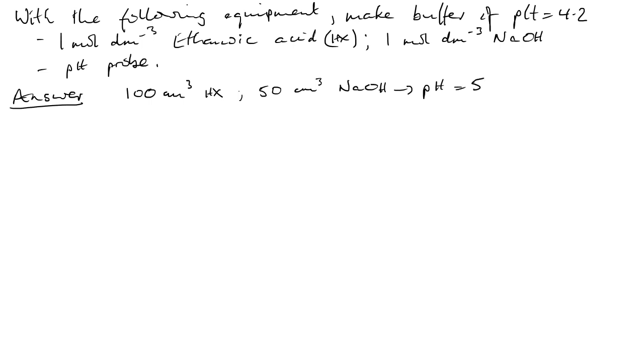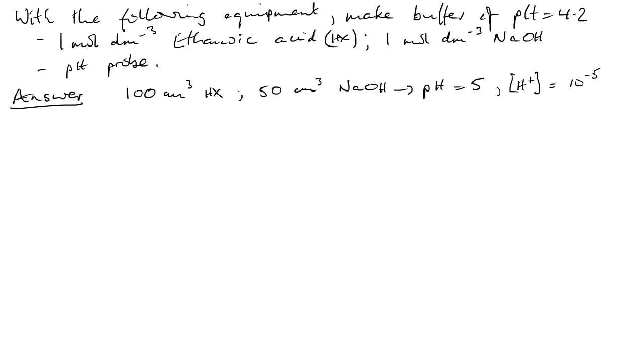Now we remember the Ka expression, and that's going to let us find Ka in the end. First, if we've got the pH of 5, then we want the hydrogen ion concentration. The hydrogen ion concentration is going to be 10 to the minus 5.